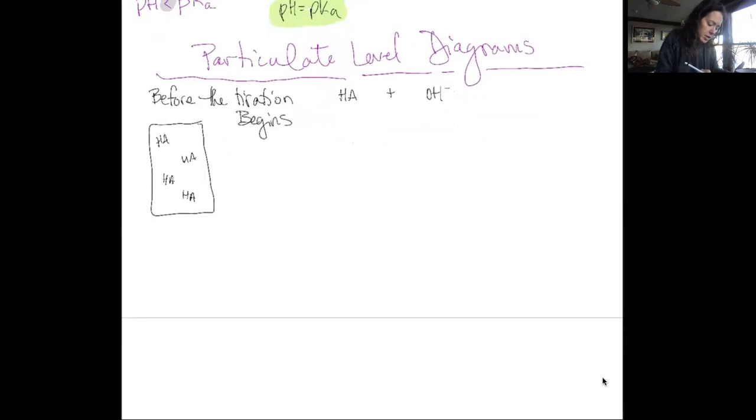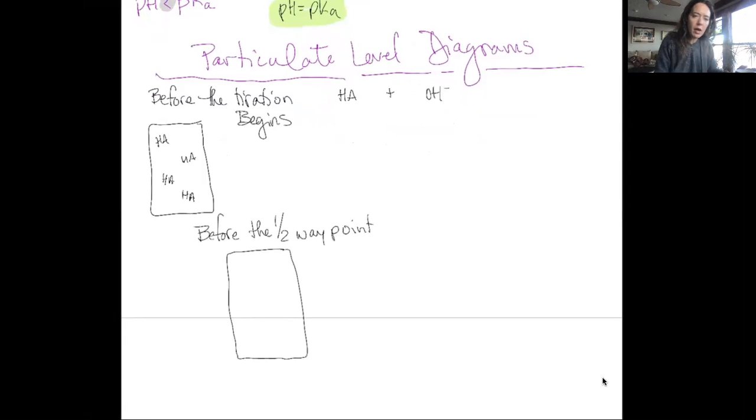All right, so now the titration has begun, but we are before the halfway point. So what should my new box look like? I want you to think about that. What should be in here?